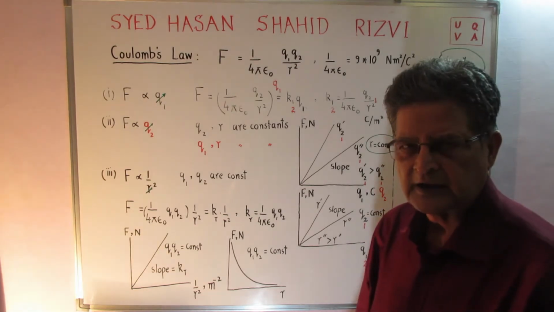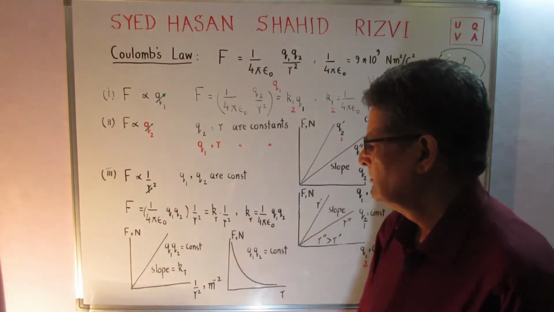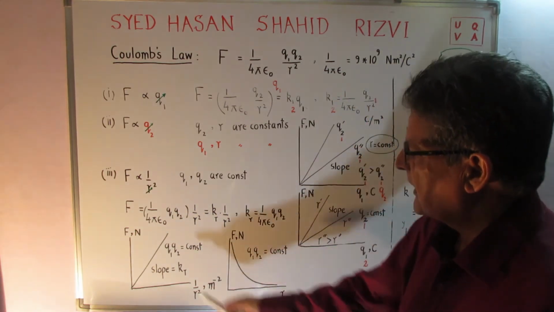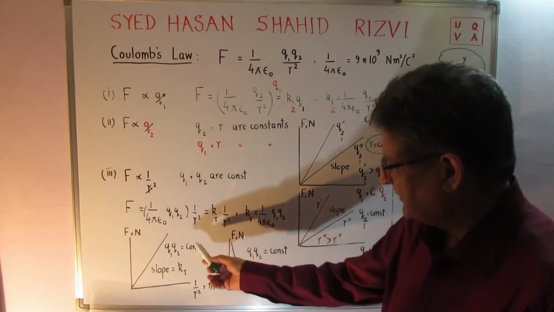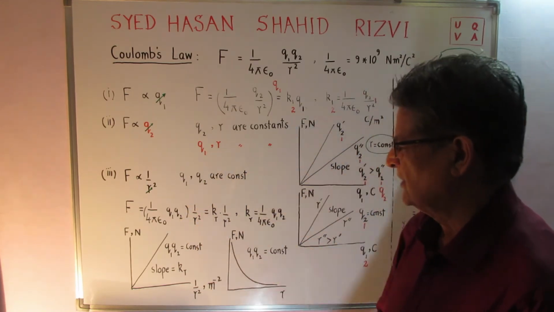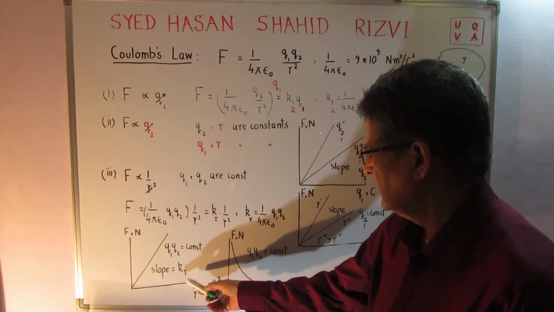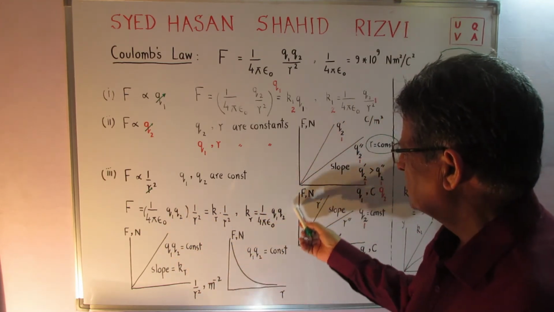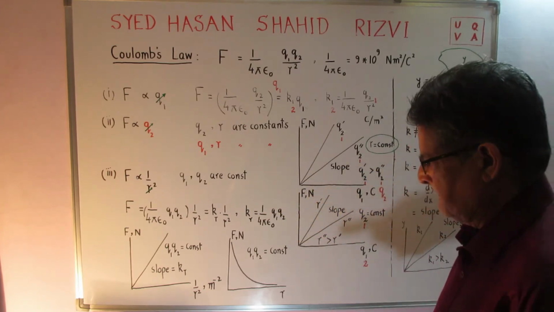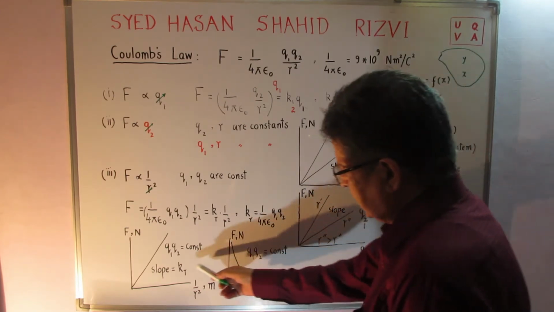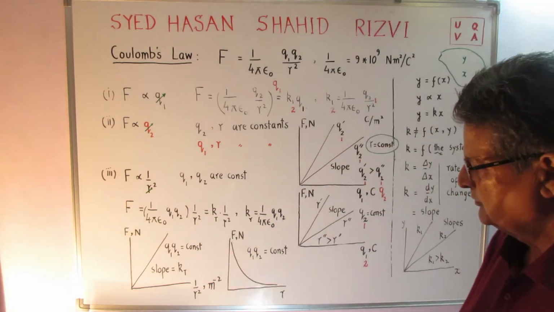That is the direct proportionality. So I will get a graph like this. Here I am writing that the product Q1 Q2 is a constant. The slope will turn out to be equal to Kr, which is given as 1 upon 4 pi epsilon naught Q1 Q2. But this thing we don't understand easily.